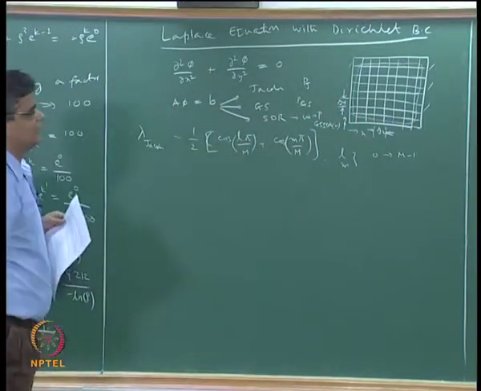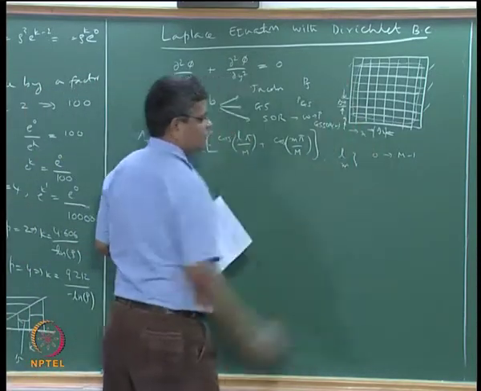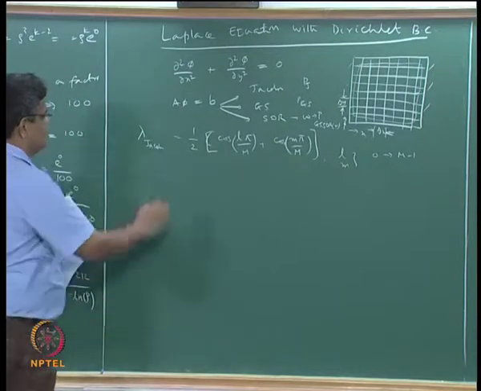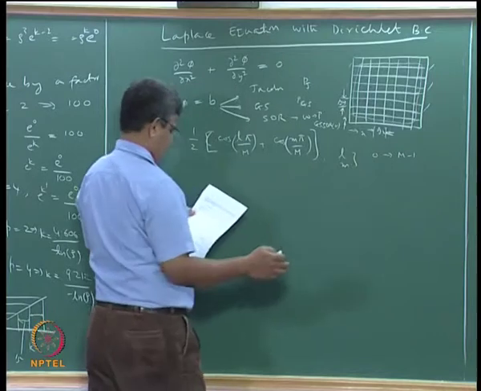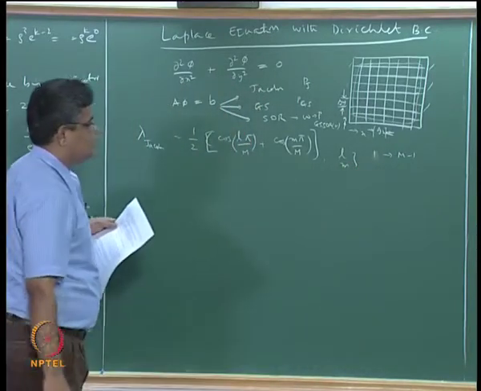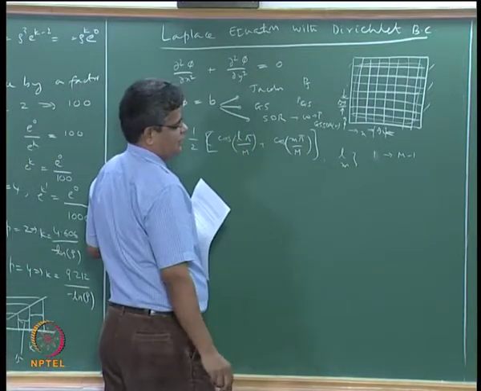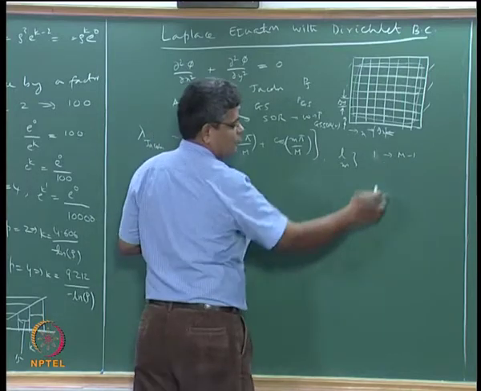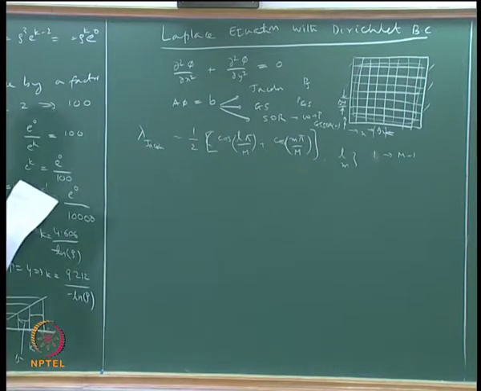So we are looking at a square, and we are looking at an equal number of divisions on both sides. So these are going from 1 to M minus 1, giving so many eigenvalues.